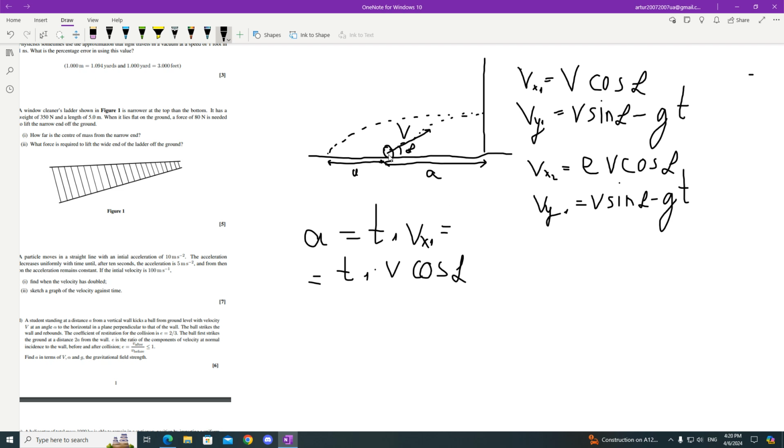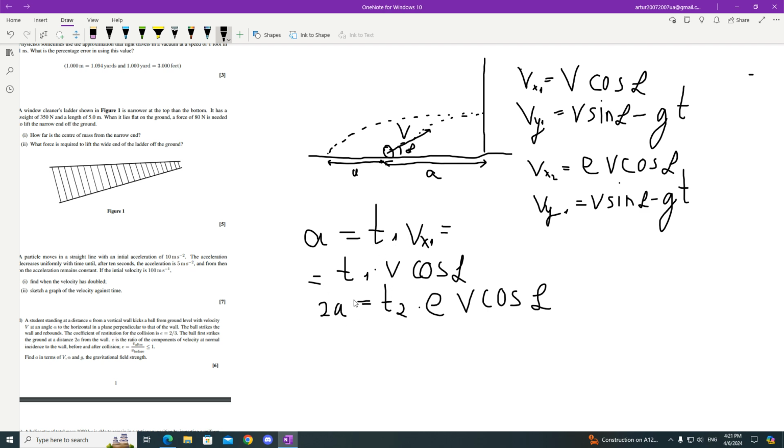The second time is t2, and we have 2A, because this time the ball goes the distance 2A in a period of time t2. So 2A is equal to t2 multiplied by its new speed that is less, e V cosine alpha. So now we can find a ratio between the times.